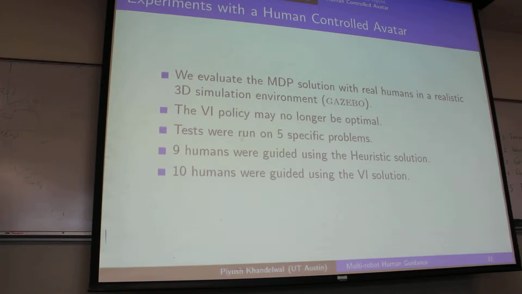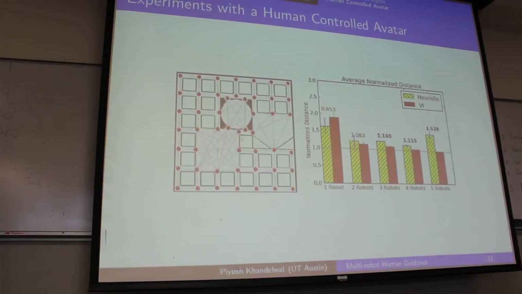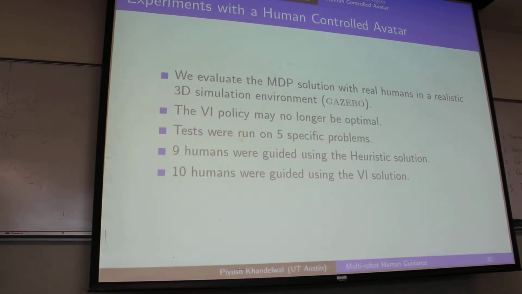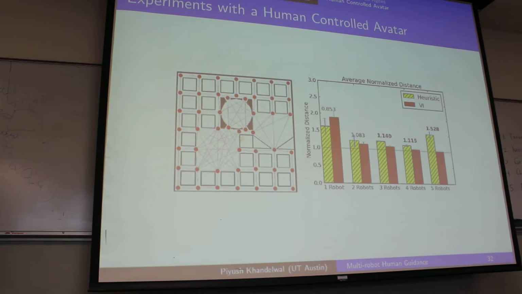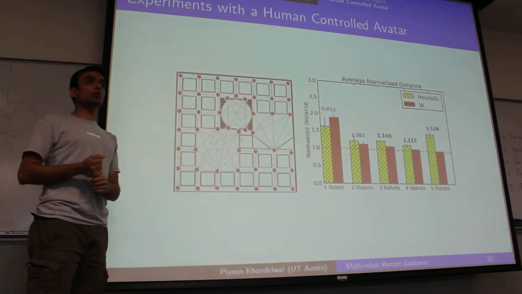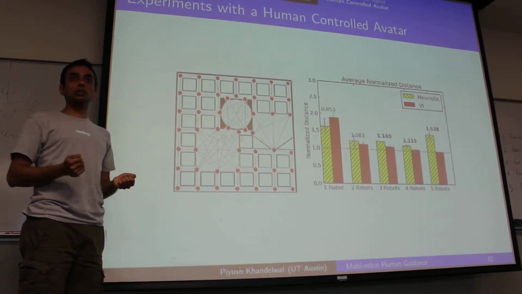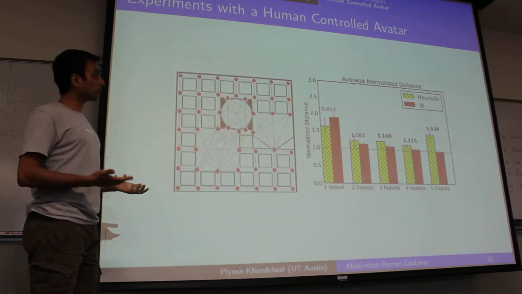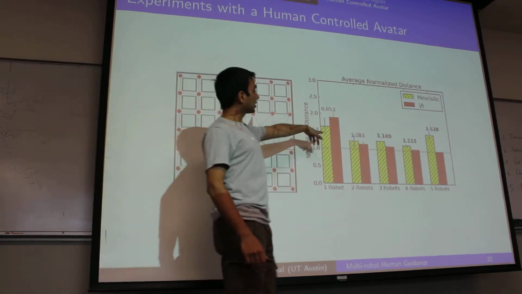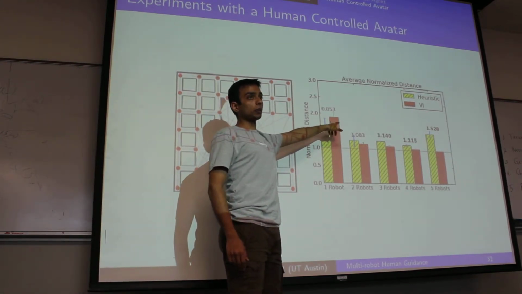So this was also fun. This was basically where we had an experiment. This is the same video I showed you at the beginning of the talk. It's where a human controls an avatar and they follow the same policy we've described. What this means is that because we've used our hand-coded human motion model to solve the MDP, it's no longer obvious that we're getting the most optimal solution out of it.